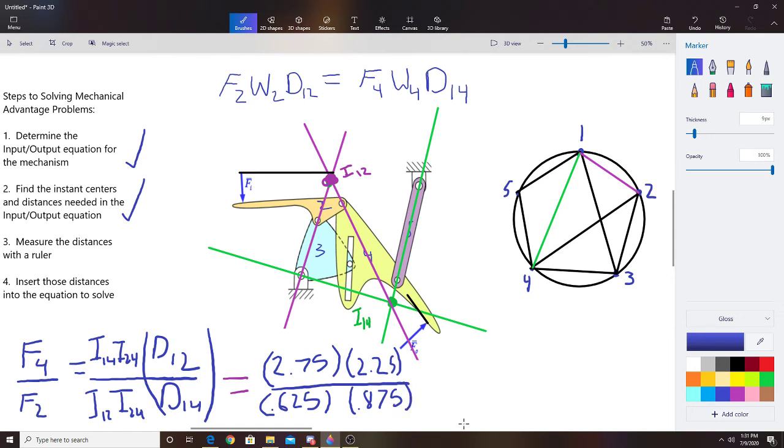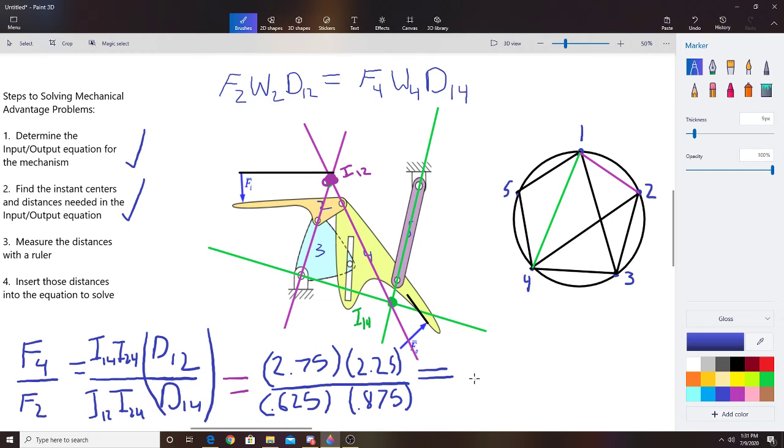Alright, so this is our equation, and then we multiply this out, which if I had my phone prepared for this, I would have done, but I did not. So I will do it now. We have 2.75 times 2.25 divided by 0.625 times 0.875.